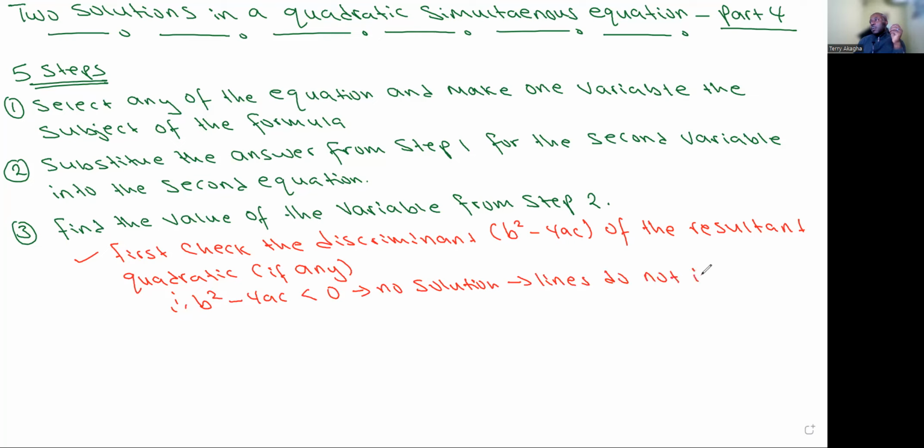Also, if b squared minus 4ac is equal to 0, it means there's one solution. That was the video we just finished. They meet at one point, or they intersect at one point.